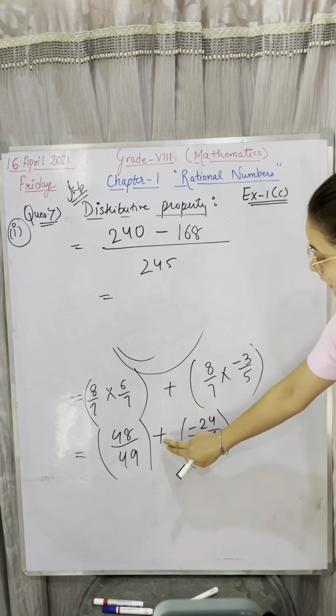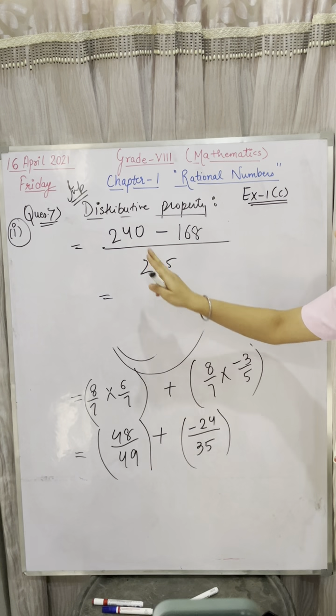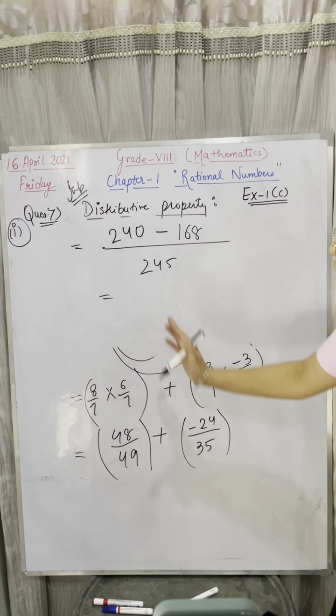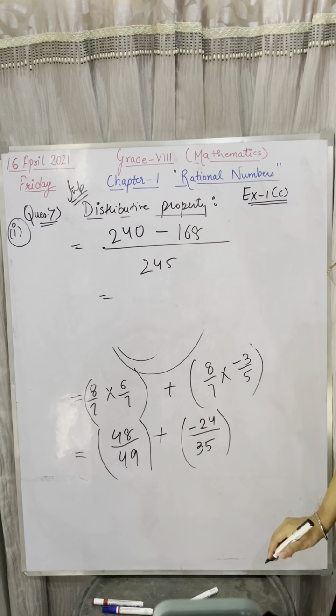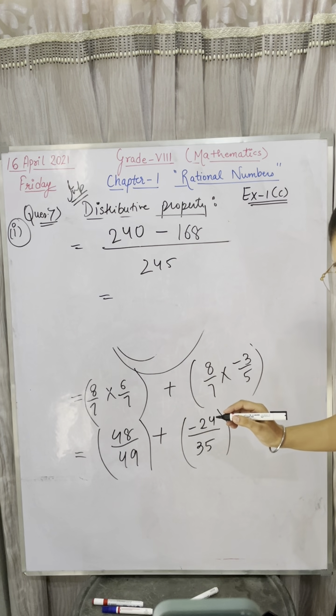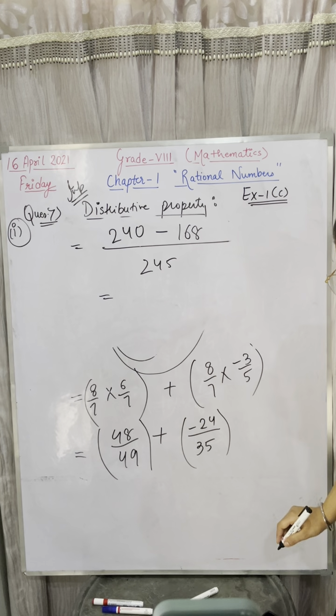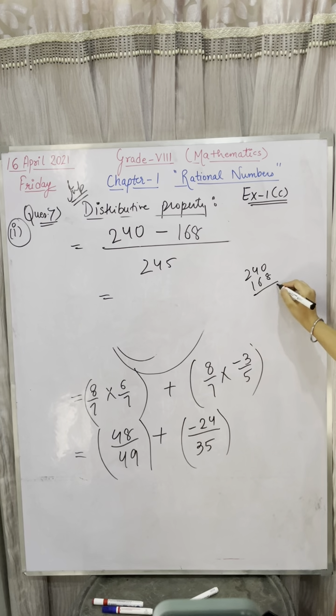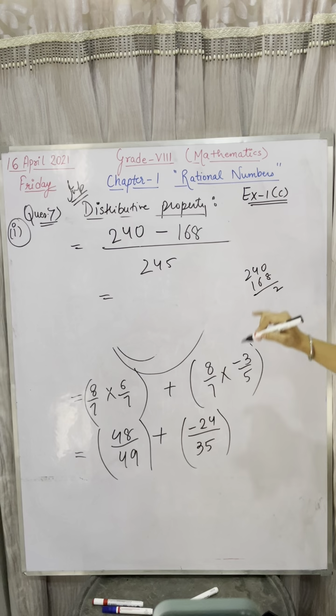This plus minus will now become minus. 240 minus 168, how much? Very good, Manik. 240 minus 168, how much? 72. Take out the subtraction. 13 minus 6, how much?